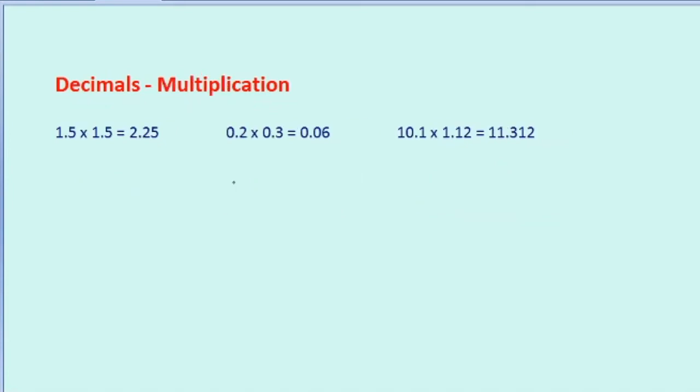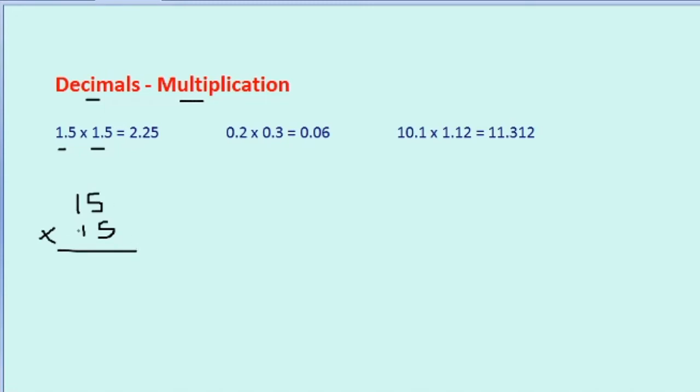Next we will come to multiplication. This is a little bit complicated, so listen carefully to what I am saying. See here the numbers are 1.15 into 1.15. So I will tell you a simple method to do the multiplication. First, leave the decimal points. Just multiply 15 into 15.